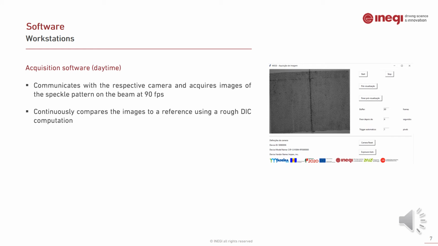And these images are continuously compared to a reference taken at the beginning using a rough DIC computation, prioritizing computational performance, because there are 90 images coming in per second and we must process them quickly. And then when it detects a displacement, it saves a sequence of frames from before the event, which by that time are still in memory, and then from after the event.